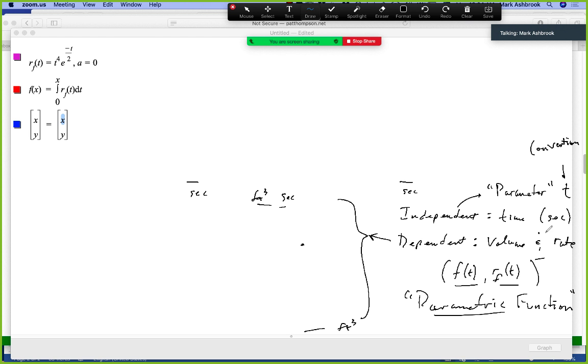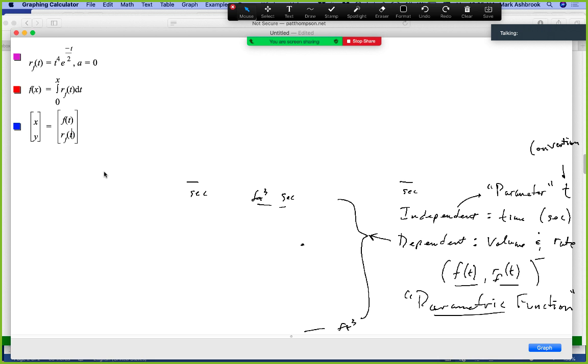So that's what we're going to do here. We want to put volume. So we want F, and remember you need control 9 for functions. F of t on the x-axis, right? And then we wanted the rate on the y-axis. So this is telling it to graph all the points such that the x-coordinate is volume and the y-coordinate is rate.